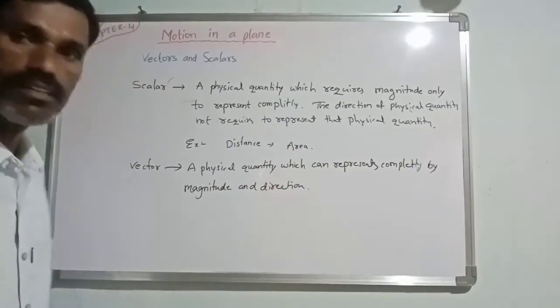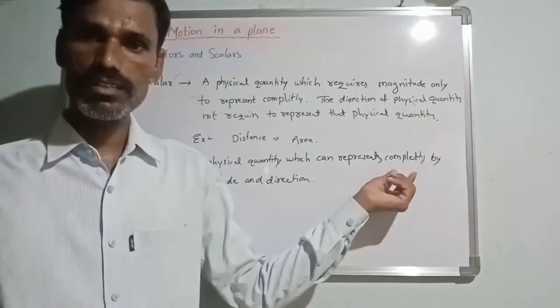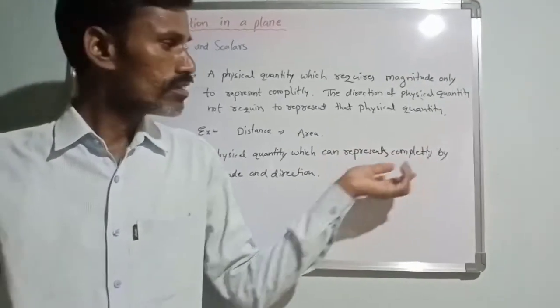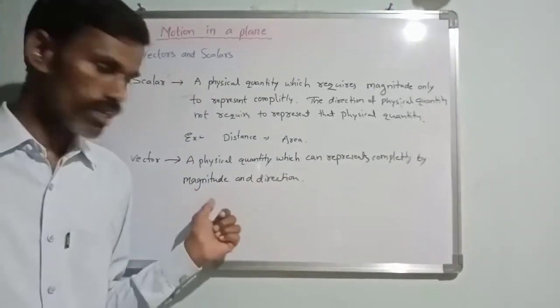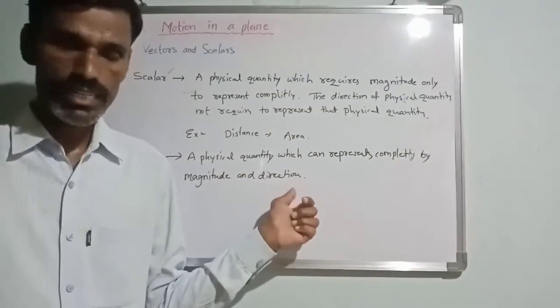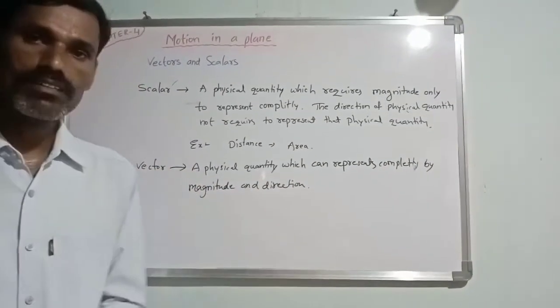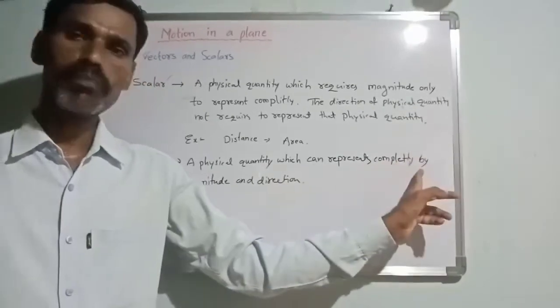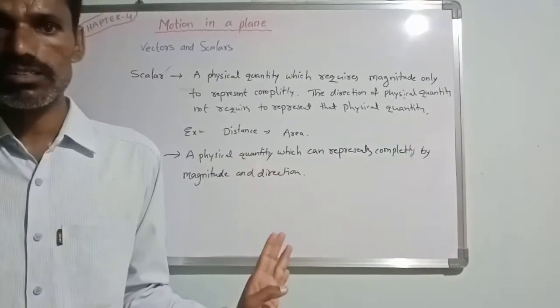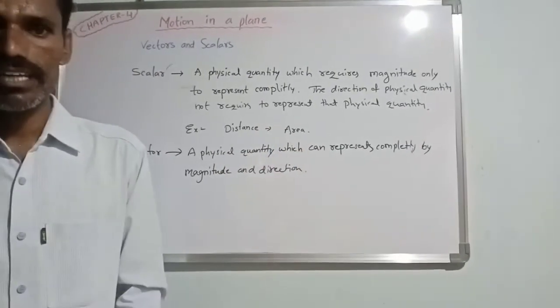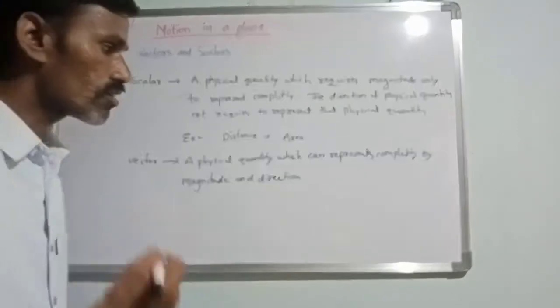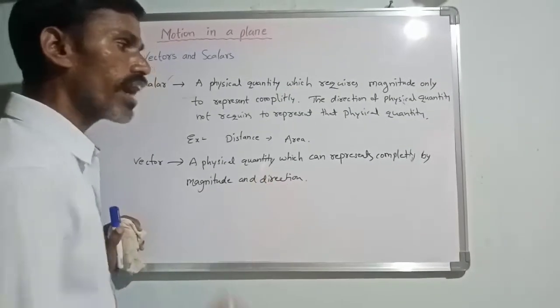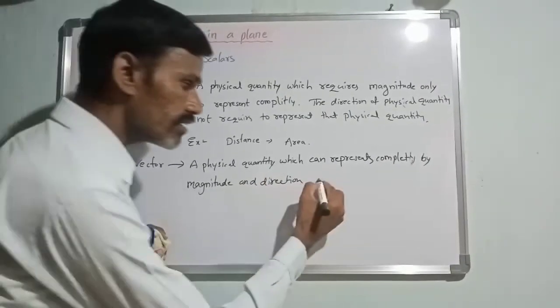So to represent completely, the physical quantity has magnitude and also direction. So in simple words, a vector is a physical quantity which has magnitude and direction.